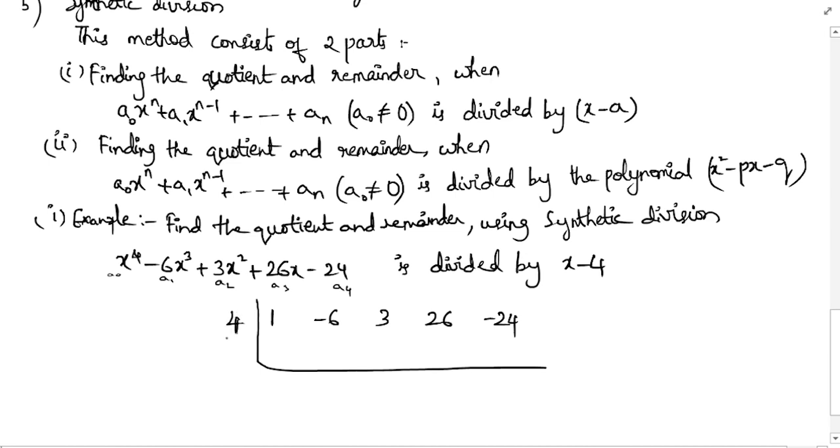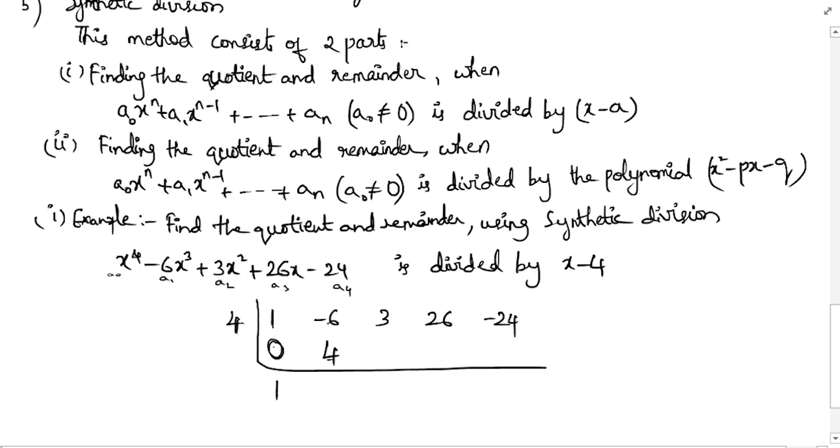Now, here this will be 0, we'll always assume this as 0. Now we are going to add this 1 and 0. 1 plus 0 is 1. Now to get the next term, we multiply 4 into 1, which is 4, and then we add these terms.